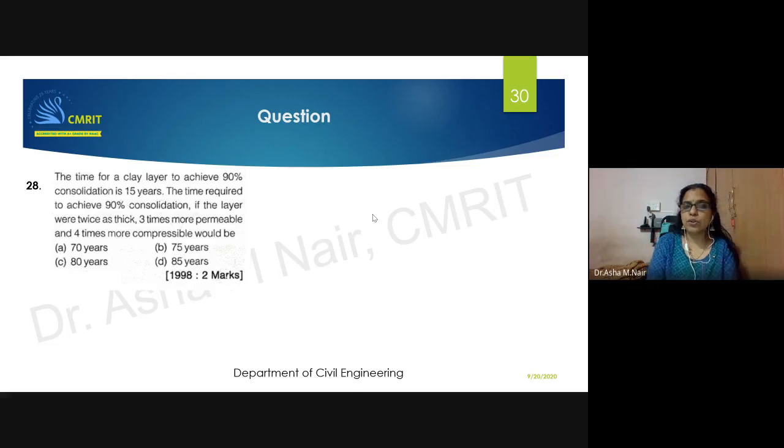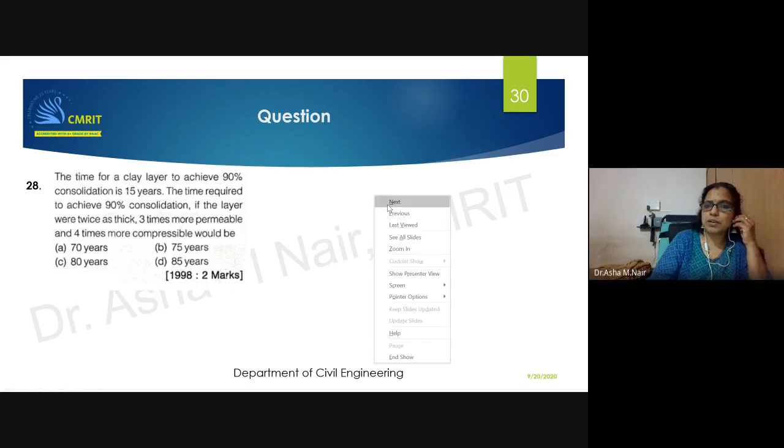You are asked to find the time taken for the clay. Already you know the time taken to achieve 90% consolidation for a given clay thickness. Next, the thickness is doubled, permeability is 3 times, and compressibility is 4 times. So how is it going to happen?